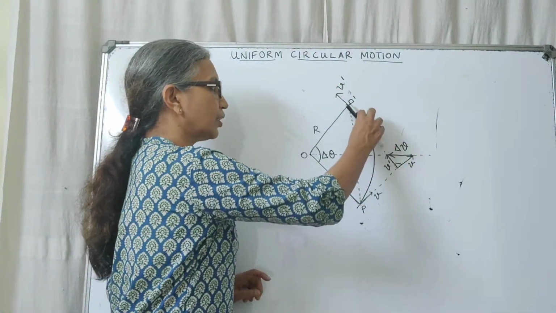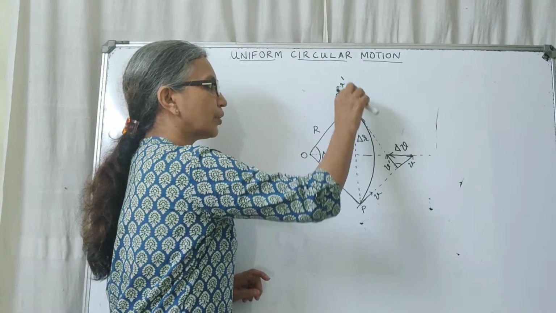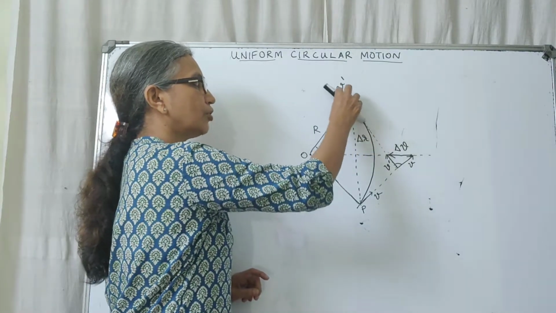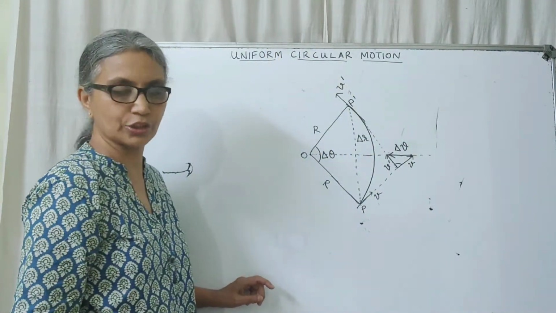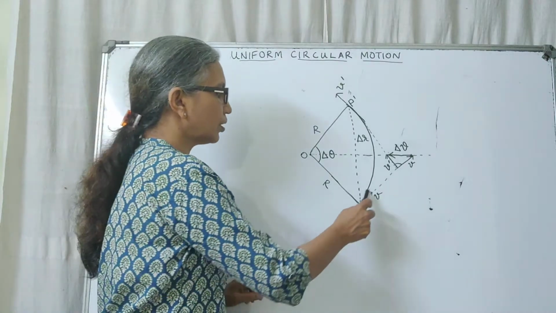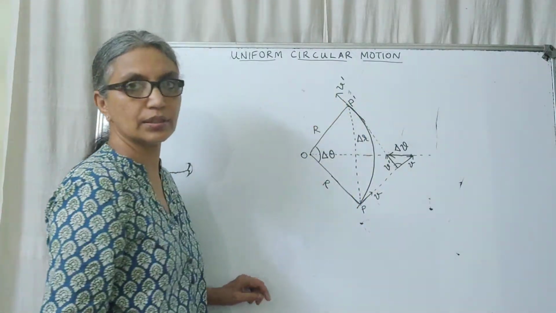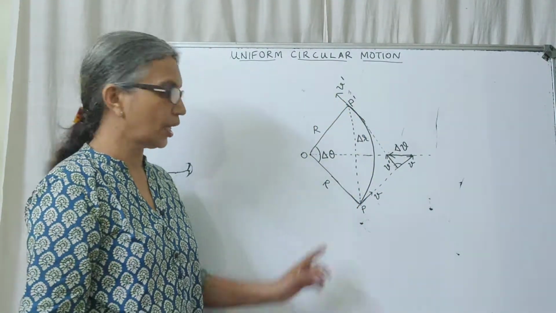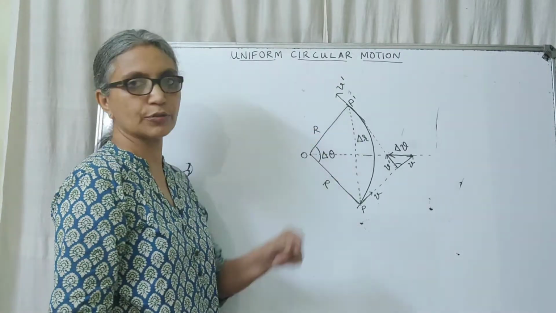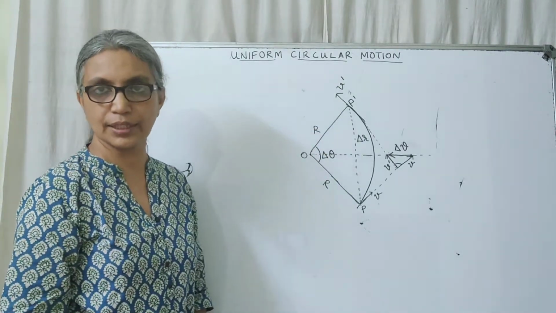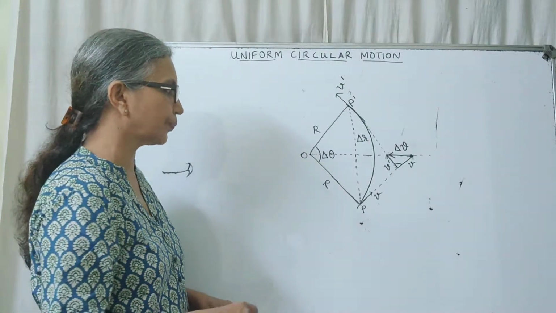As this particle reaches here, the velocity of the particle, v dash, will be drawn along the tangent. So this and this represent the velocity of the particle at two different instants of time, when the particle is at position P and P dash.